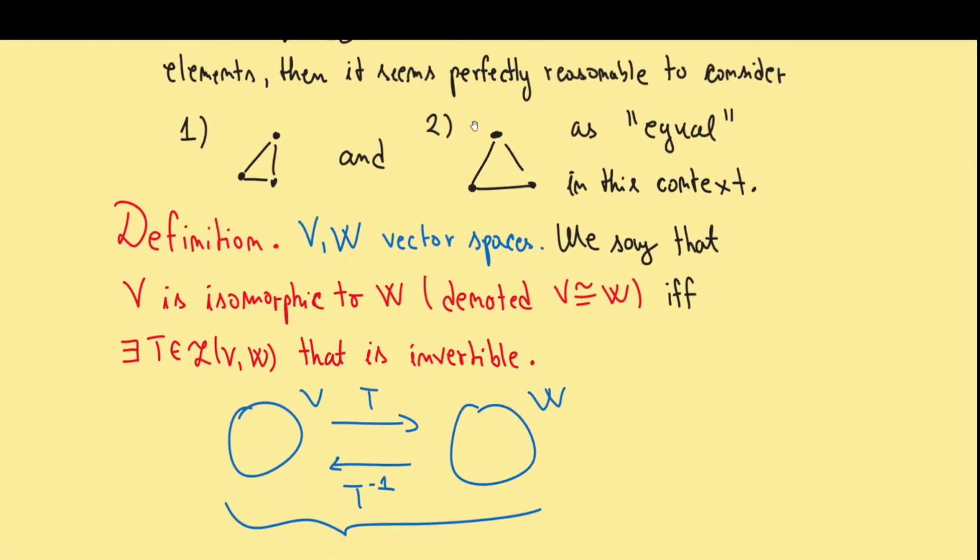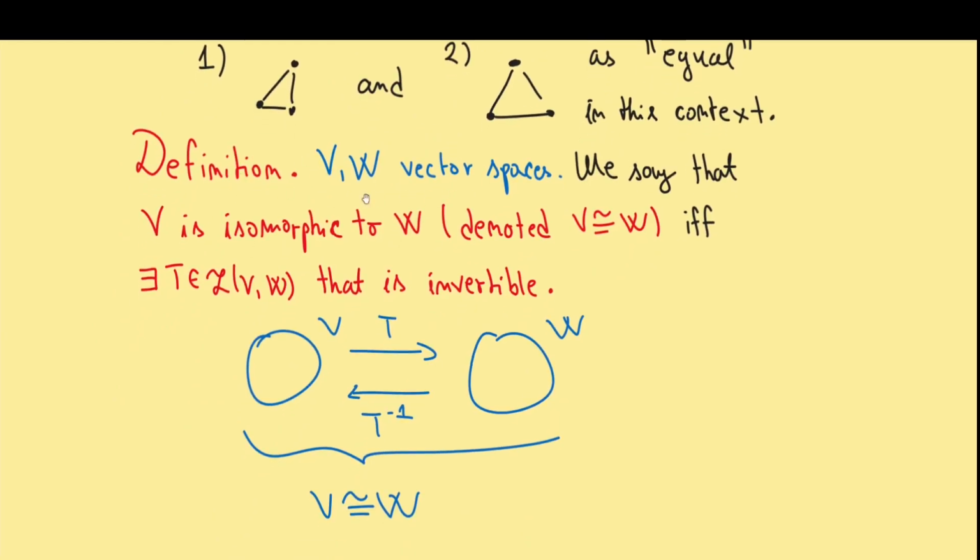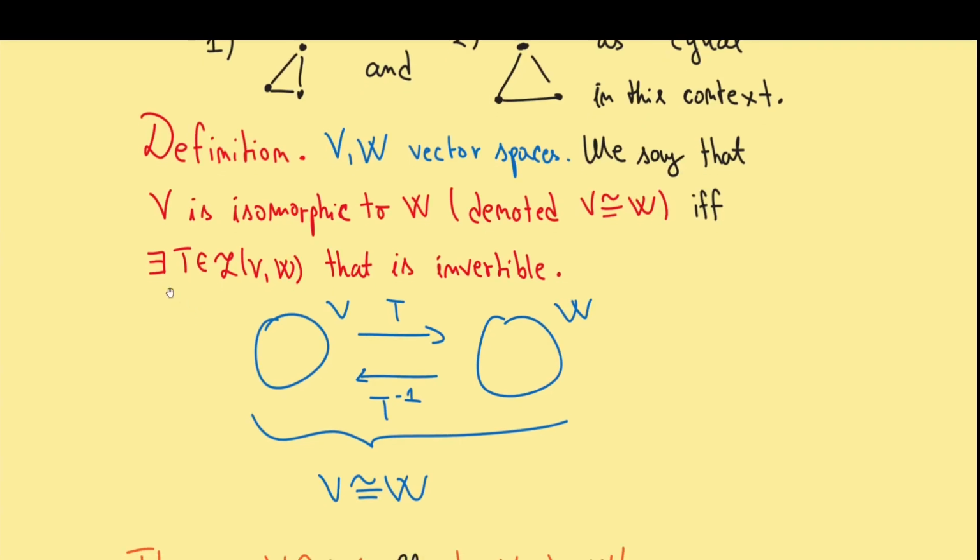So that's the motivation for the notion of an isomorphism. Formally, if I have some vector spaces, we say that V is isomorphic to W, denoted like this, if and only if there exists some linear transformation from V to W that is invertible.